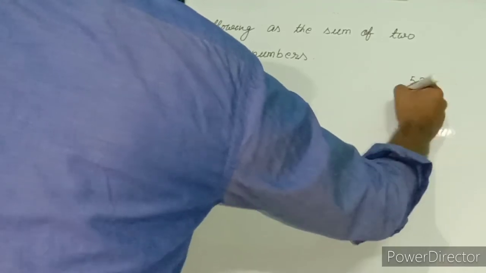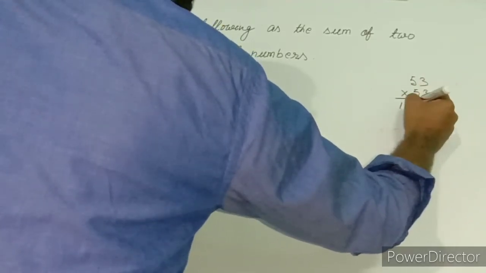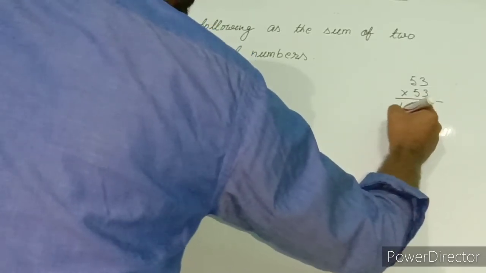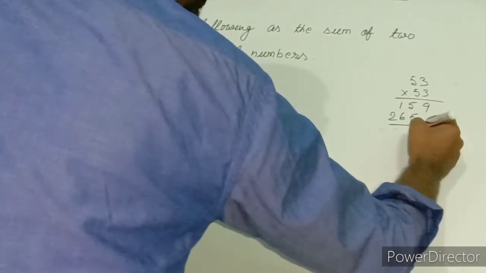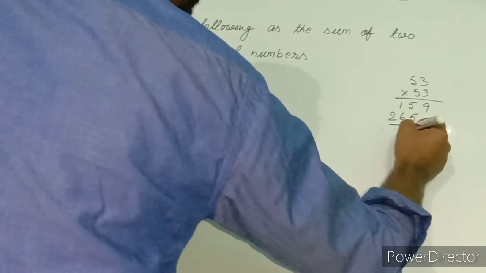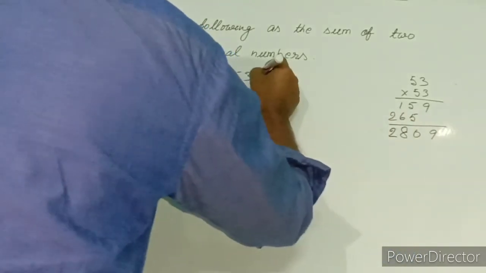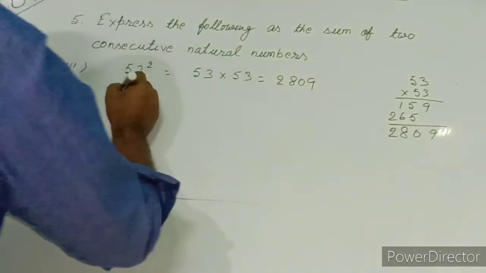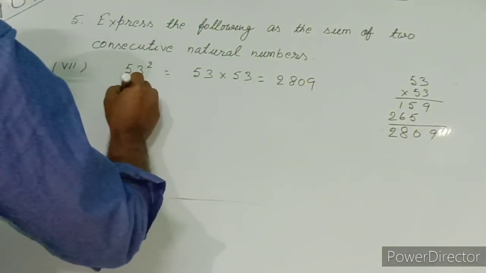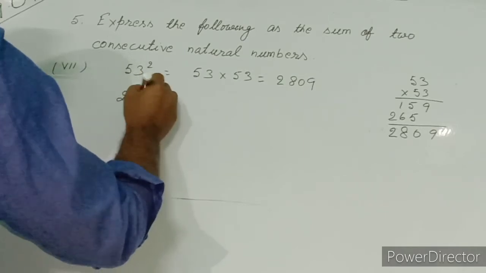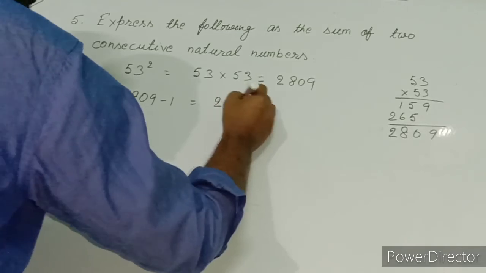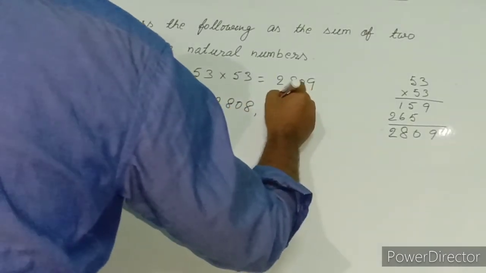In rough we calculate 53 into 53, which is equal to 2809. Now we subtract 1 from the resultant number. 2809 minus 1 equal to 2808. This is divided by 2.